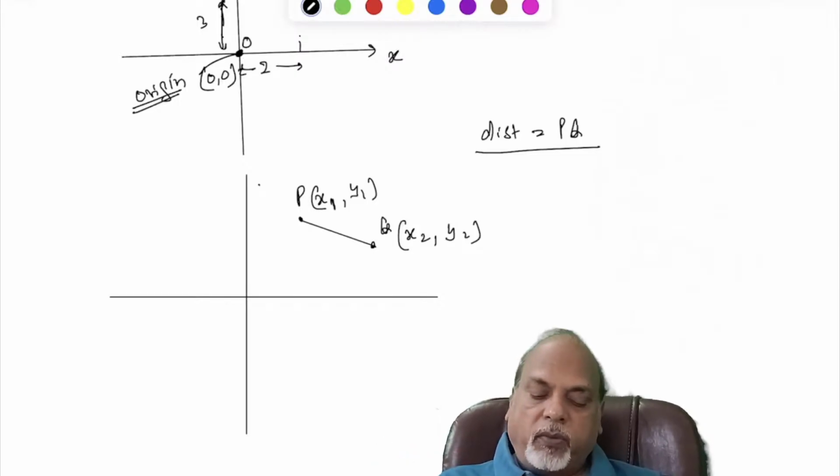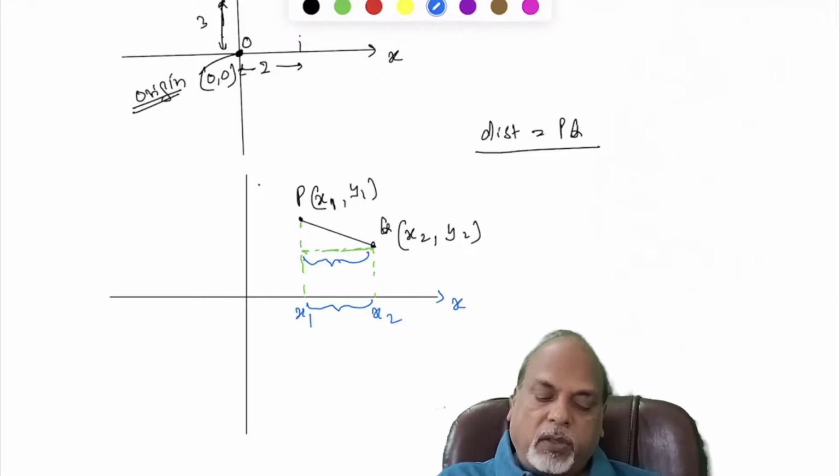Then you can always find it like this. Here this point is x2 and this point is x1.